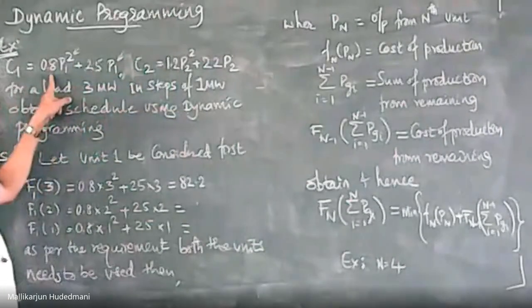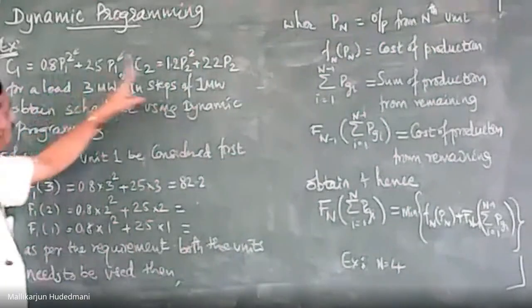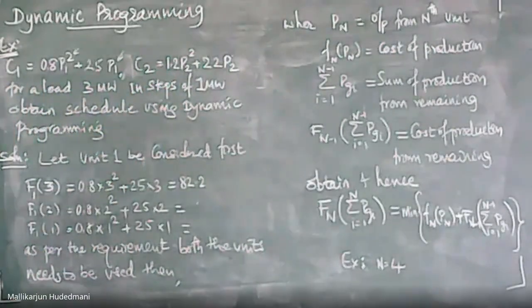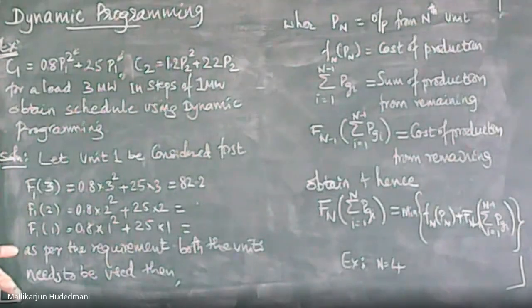Let machine 1 produce 0 megawatt and machine 2 produce 3 megawatt. This is a combination. Let there be a complete load of 3 megawatt on machine number 1, then the other side is 0 megawatt. When machine number 1 delivers 2 megawatt, the remaining 1 megawatt is from the other machine. Likewise, I have combinations to write.